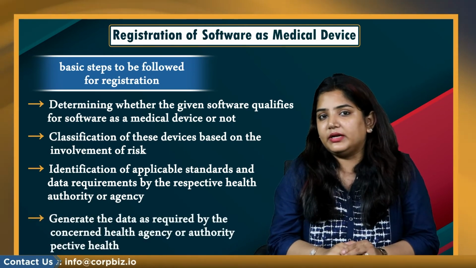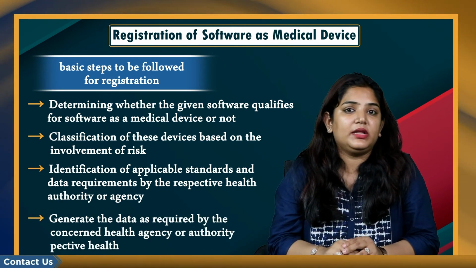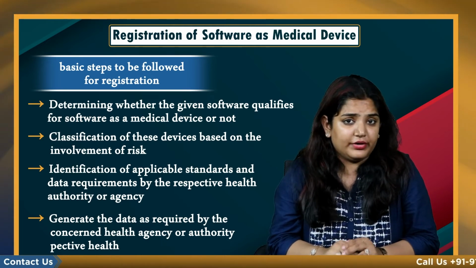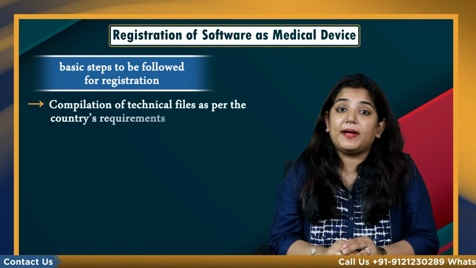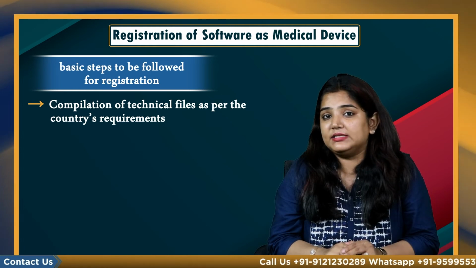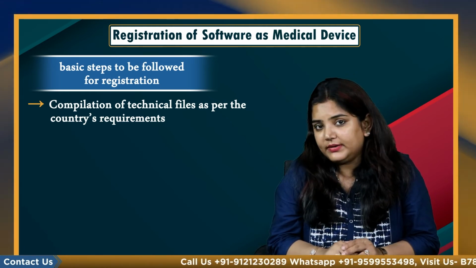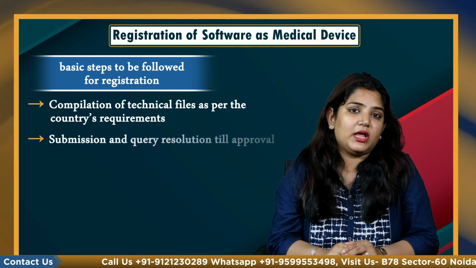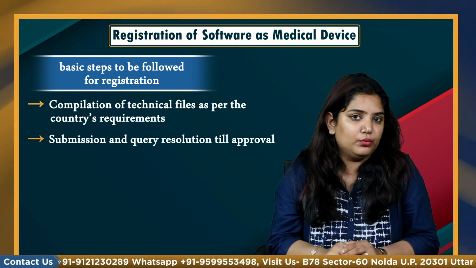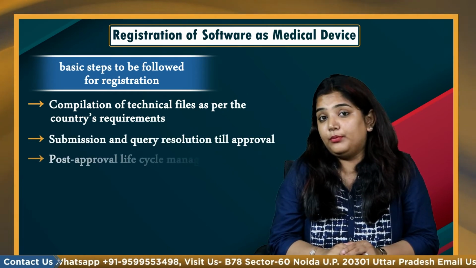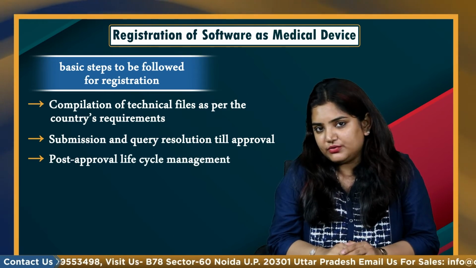Fourth, generate the data as required by the concerned health agency or authority. Fifth, compilation of technical files as per the country's requirements. Sixth, submission and query resolution till approval. Seventh, post-approval lifecycle management.